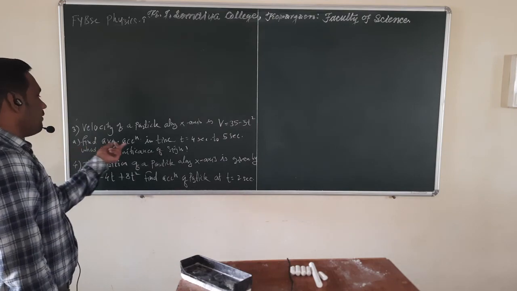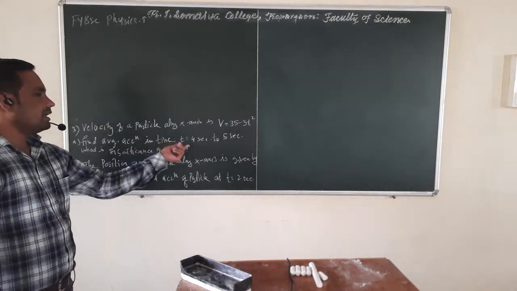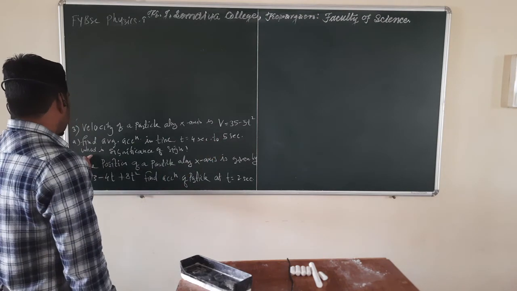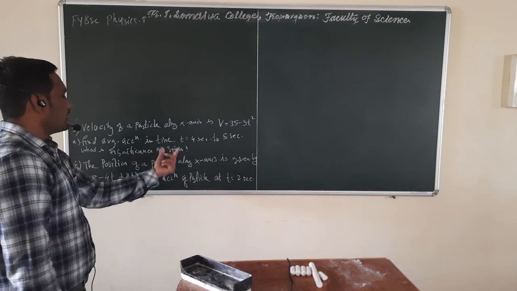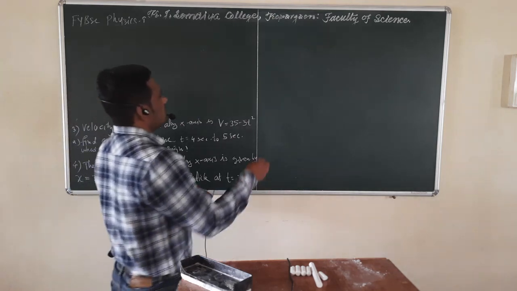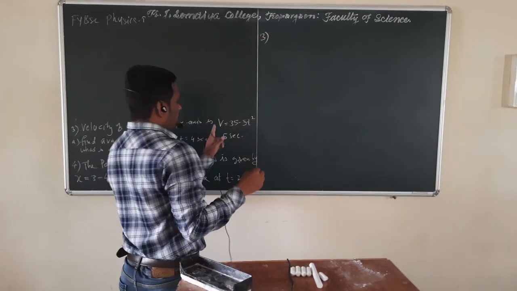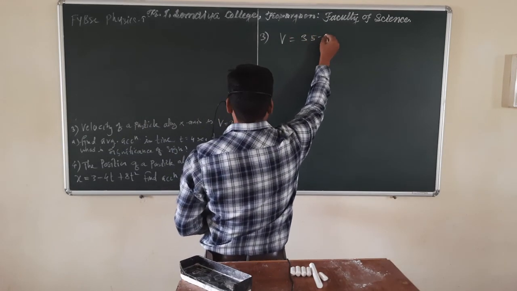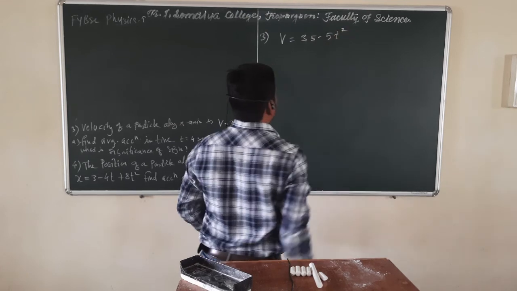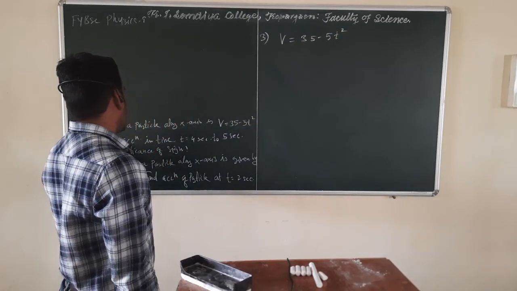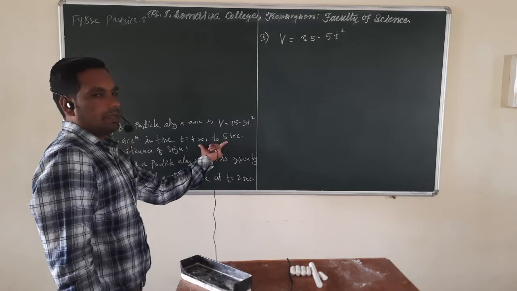We have to find average acceleration in time t equal to 4 second to 5 second. So this is the first part. And second part, what is the significance of this sign? Okay. Now in problem 3, we have given velocity is equal to 35 minus 5t square.